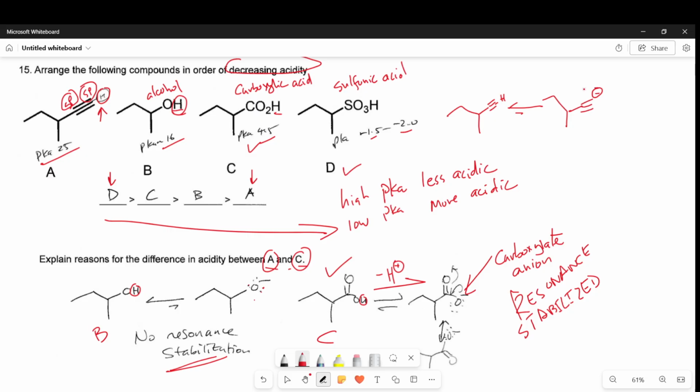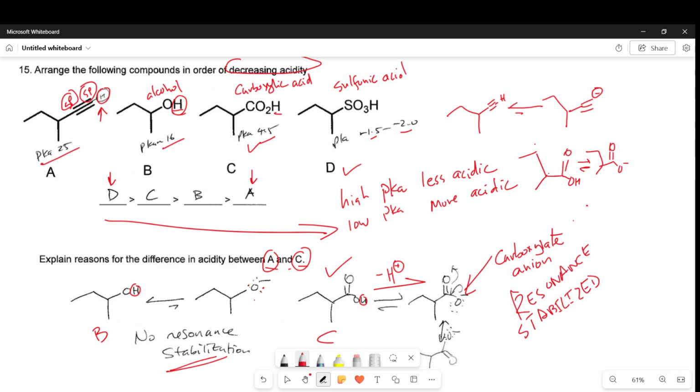You have this one versus, for C, you have this. C is actually this OH. So when it gives off its proton, it's in equilibrium with O minus. So this is resonance stabilized.